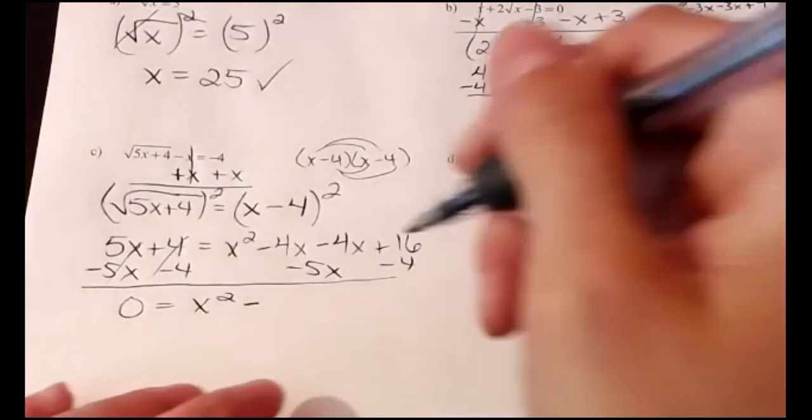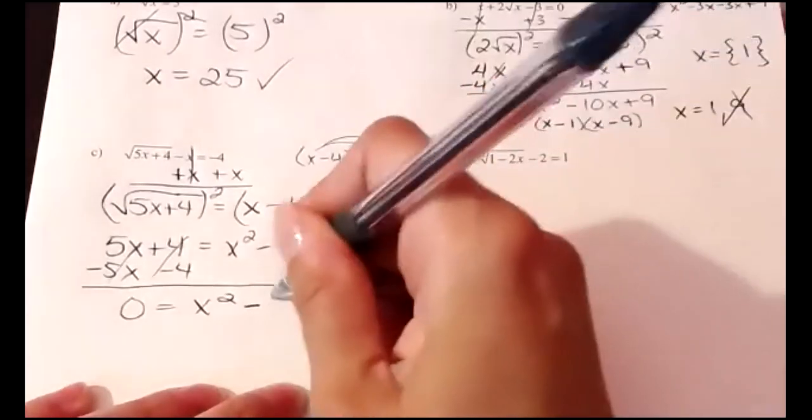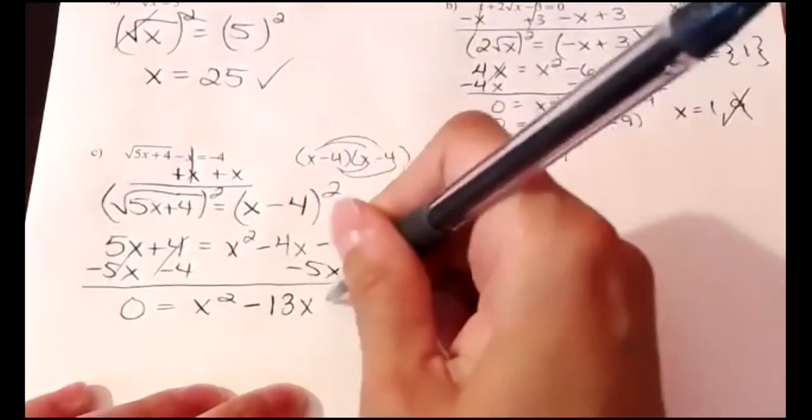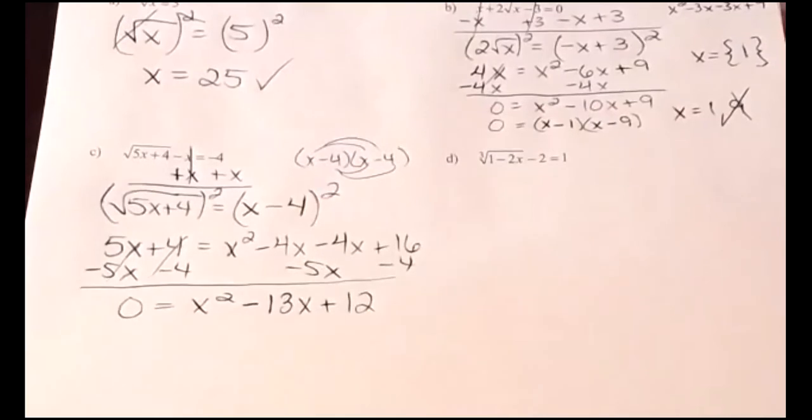Good. What about this middle term? That's going to be 13. Good. Be careful. It's going to be minus 13x plus 12. Very nice. Shane did a whole chunk of this.